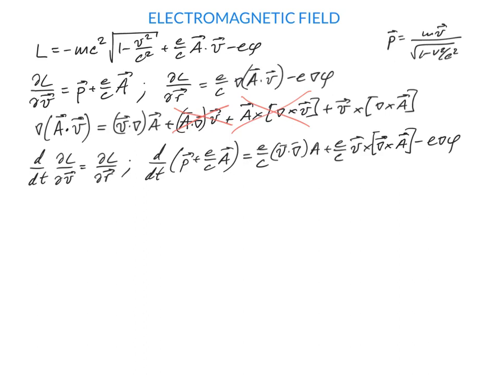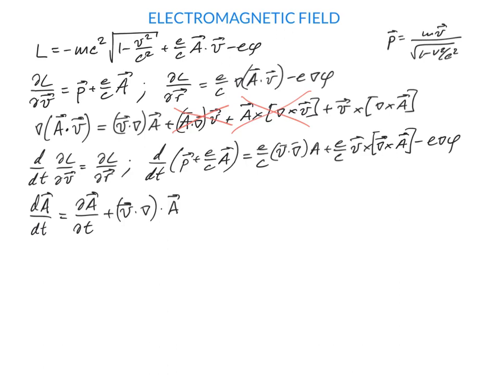Now, as you can see, on the left-hand side here we have a full time derivative of A. Where does this full time derivative come from? Well, there are two contributions to dA by dt. There's the one that comes from A depending on time explicitly, and the part that comes from the fact that the particle is moving and the value of the vector potential at t plus dt is measured at r plus v dt rather than r.